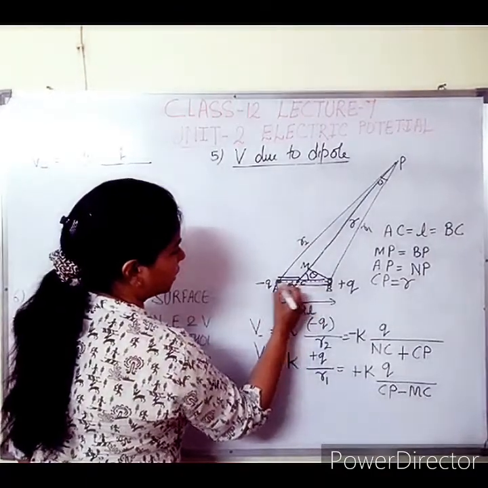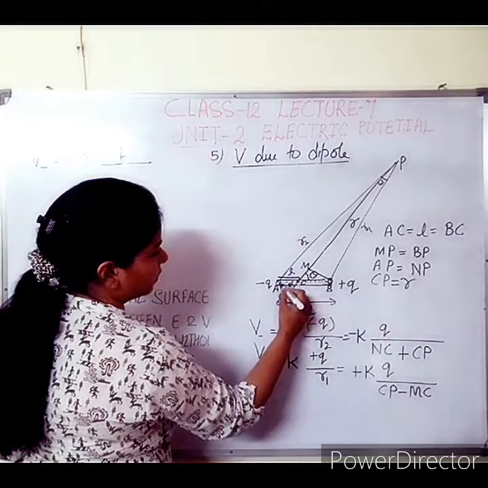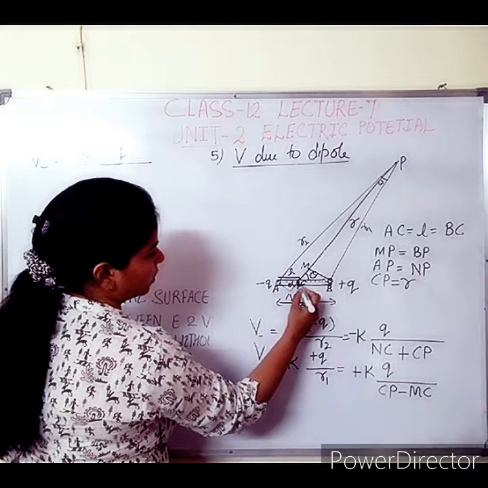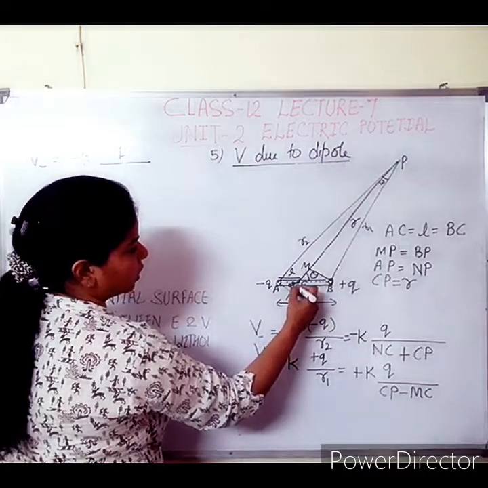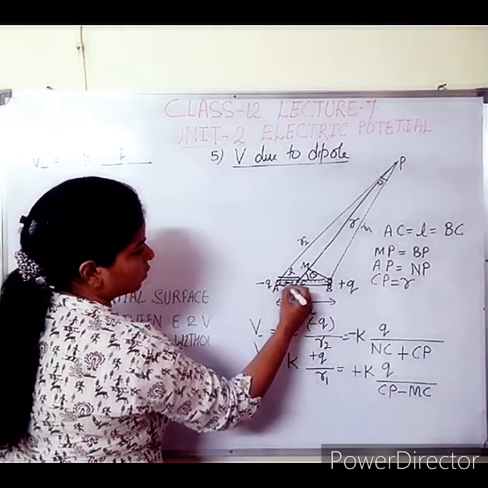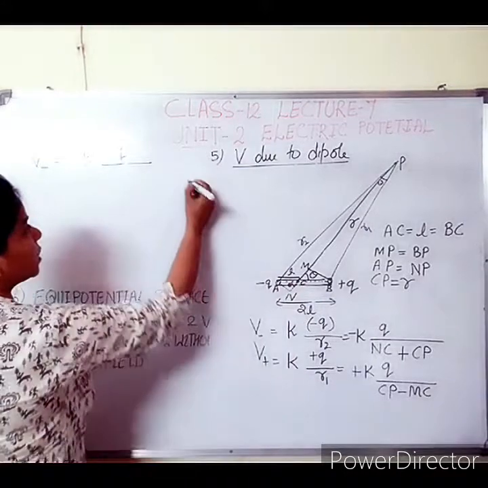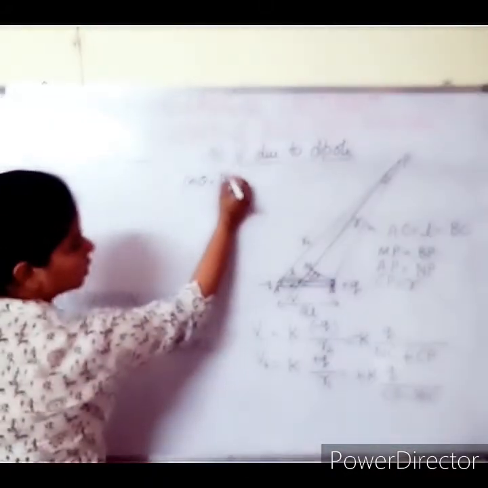This AC is equal to L, and this one is theta. So this one is the perpendicular line. You can see this one is perpendicular and this one is base. So NC is corresponding to the base. If we are taking cos theta, so cos theta is equal to base over hypotenuse. So NC over hypotenuse, which is L. So roughly you can write cos theta is equal to NC over L.